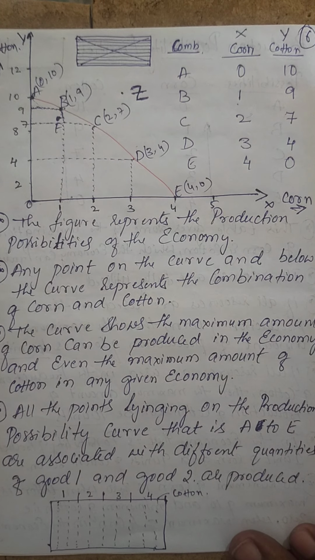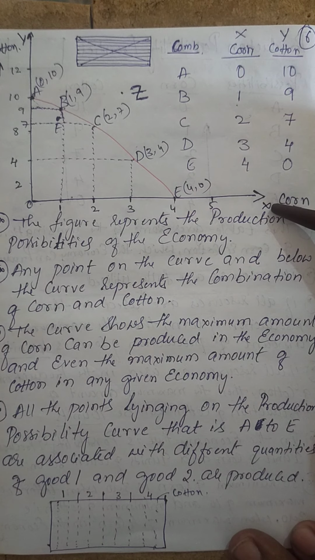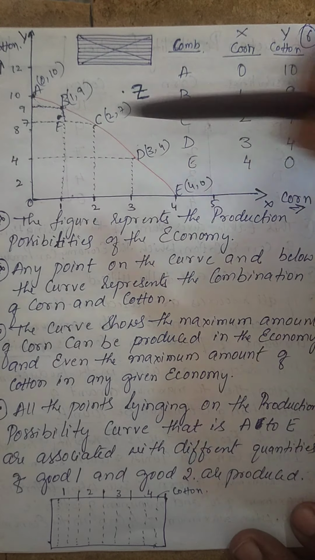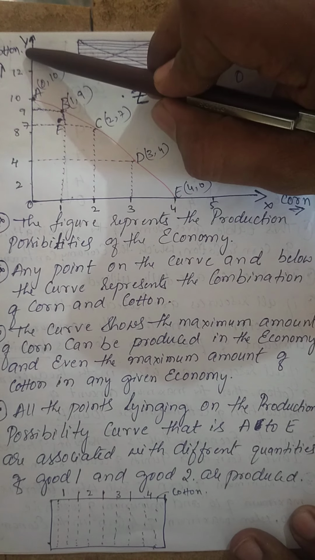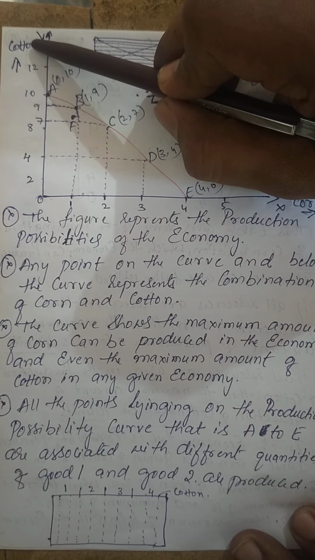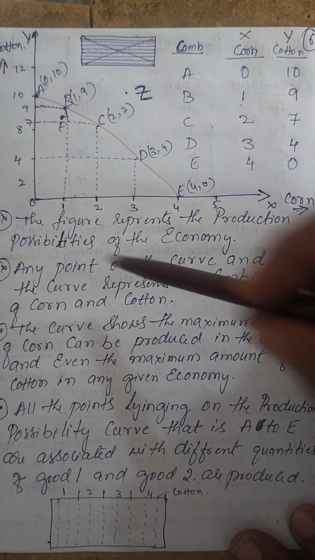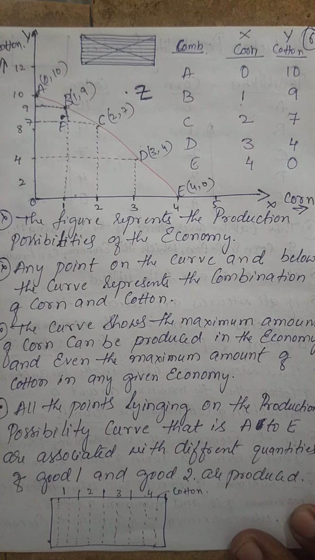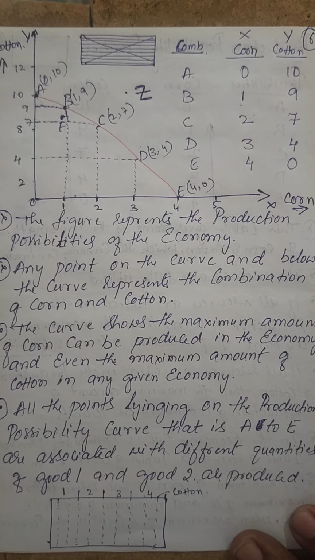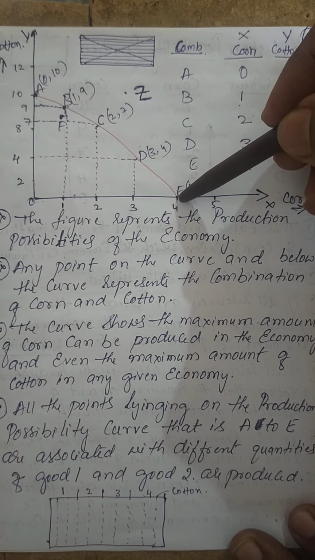While drawing the graph, you have to ensure that you write which product is on the x-axis and which product is on the y-axis. So the y-axis is cotton, and the x-axis is corn. These are the possible combinations being produced in the economy. So we call this the production possibility curve.